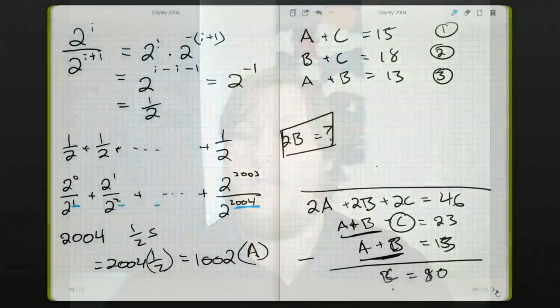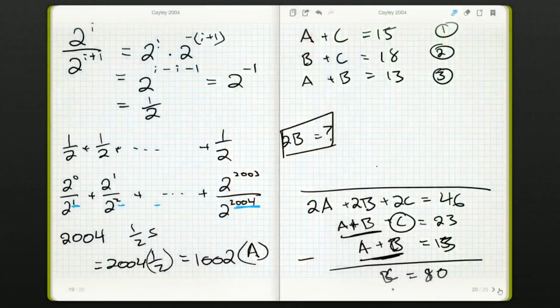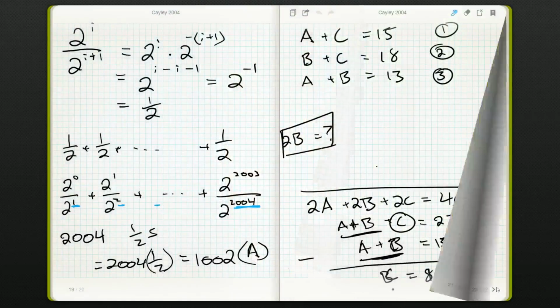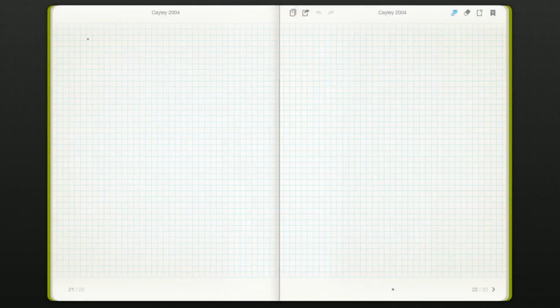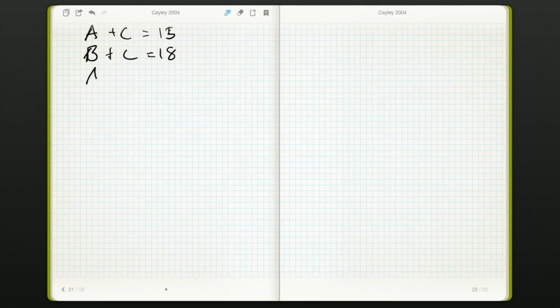But I said there's a faster way to get 2B, and I did mean it. So let's go back and take a look. I'm just going to flip the page, give myself a little bit more room. So you can do it that way and specifically solve for B. Or we can say, well, A plus C is 15. B plus C is 18. A plus B is 13.